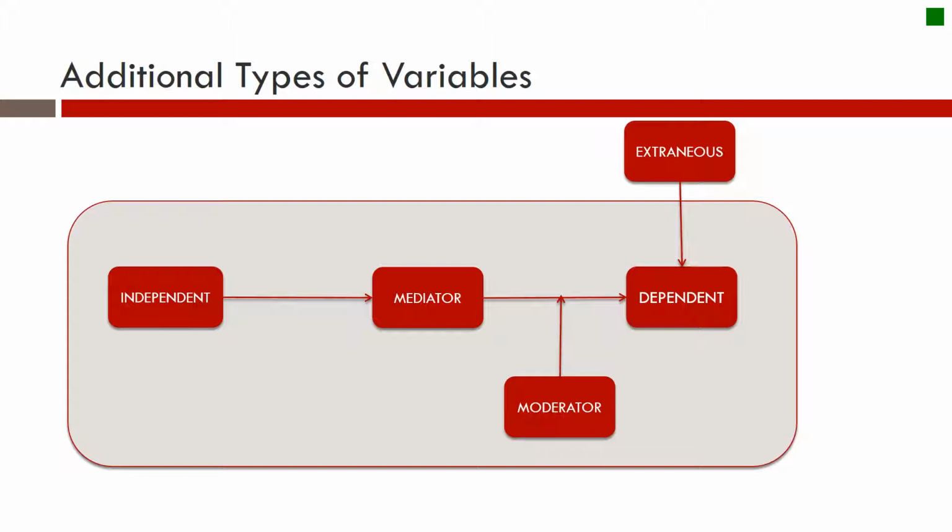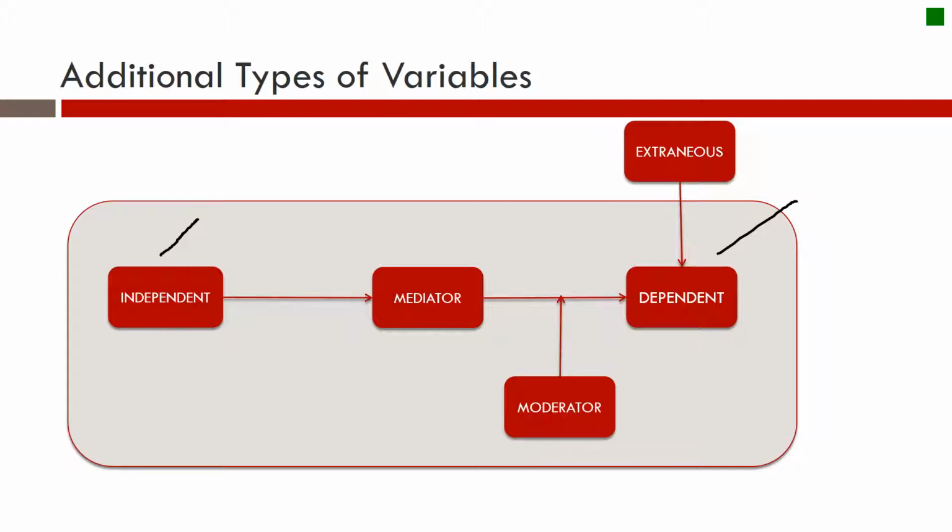Okay, other types of variables that we're going to talk about later in other lectures, but ones you should be familiar with at least. These are other ways we can describe variables in a system. You're probably familiar with an independent variable and a dependent variable. One leads to or causes the other. Remember, dependent variables depend on something, they depend on independent variables.